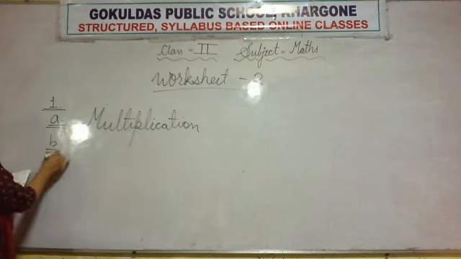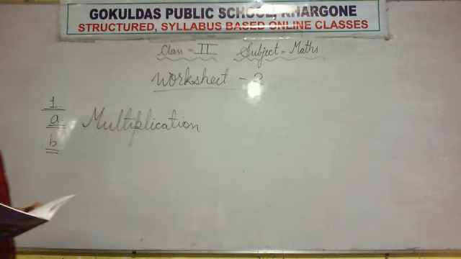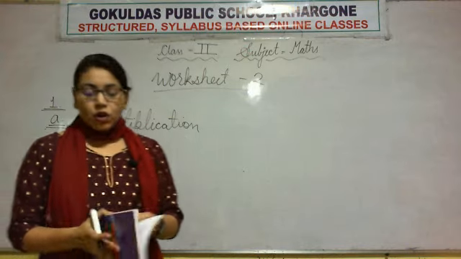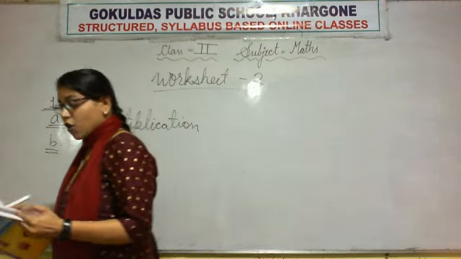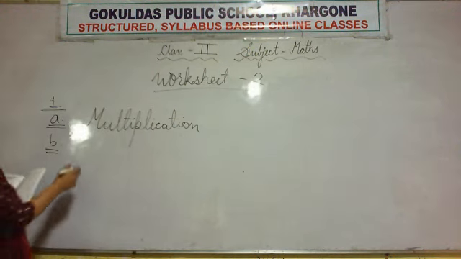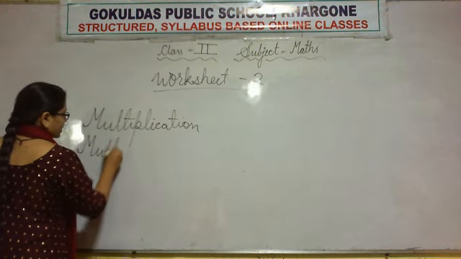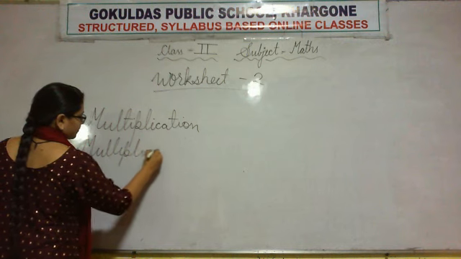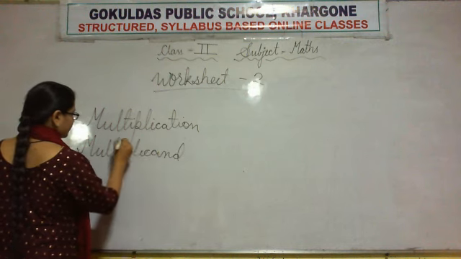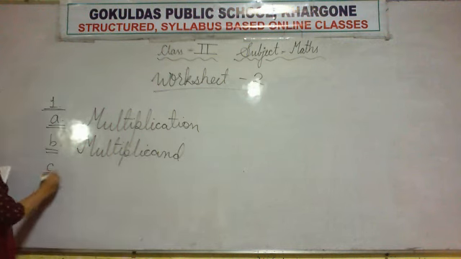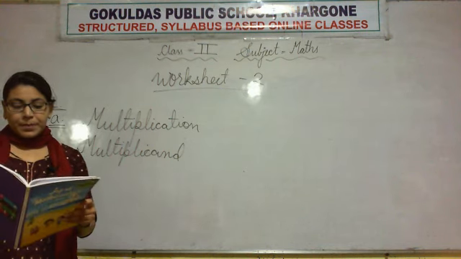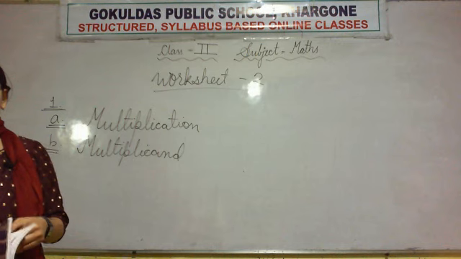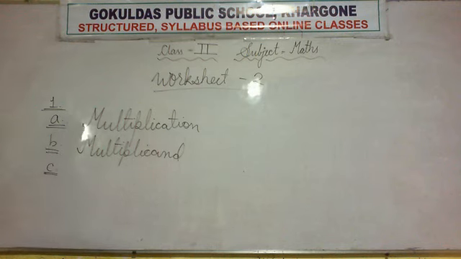The next one is part B. The number to be multiplied is called multiplicand. So the answer of B is multiplicand. The next one: the number by which we multiply is called multiplier.